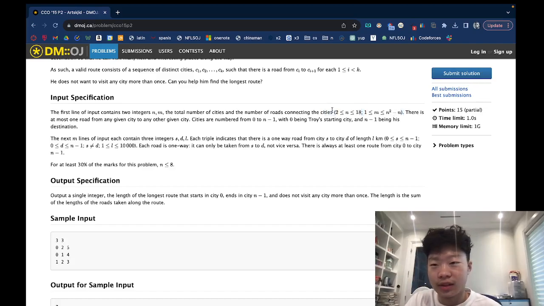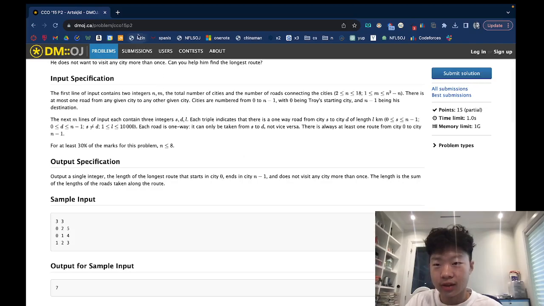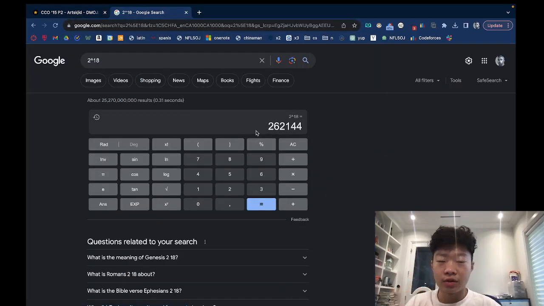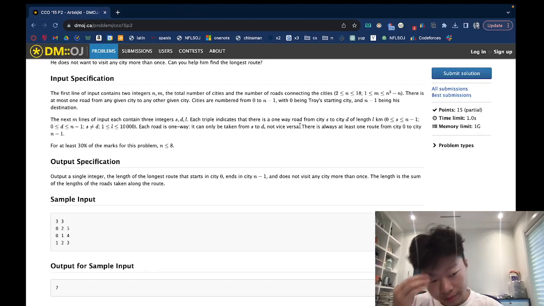So the basic idea here is you basically just want to brute force every single state there is. Since there's only 2 to the power 18 states, you either go to this place or you don't. You go to a place or you don't. And this is ordering, but I think that should be fine.